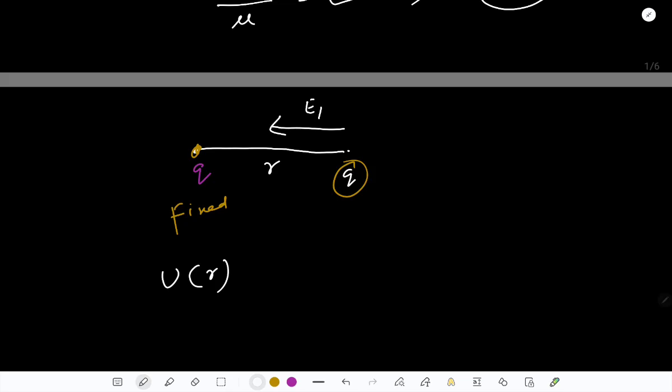U is workable, and U is kq square by r plus the negative work done by this external electric field, and this is simply qE1 r.